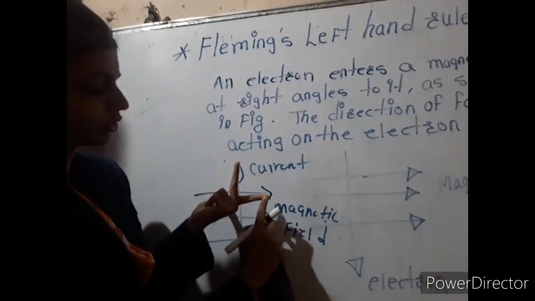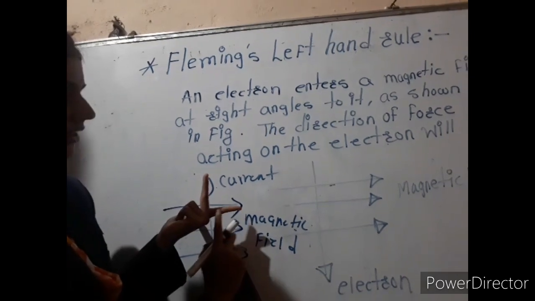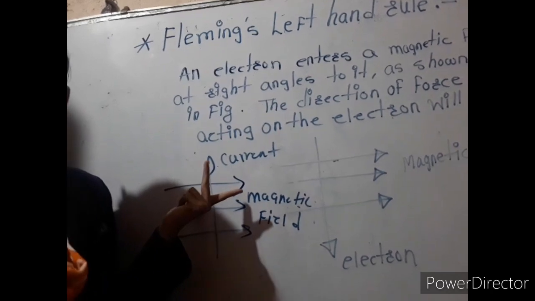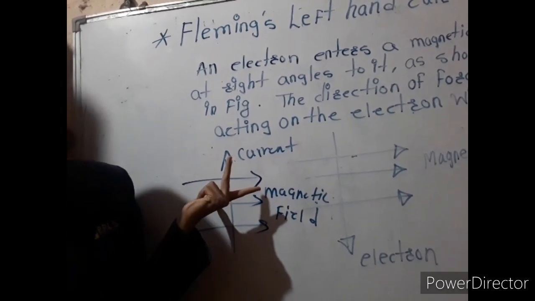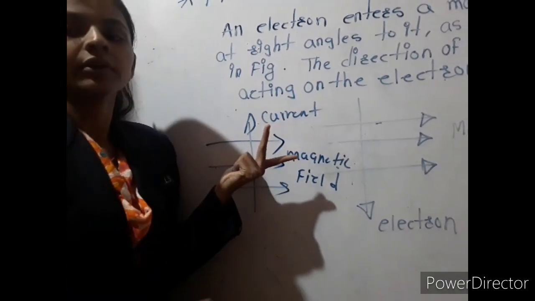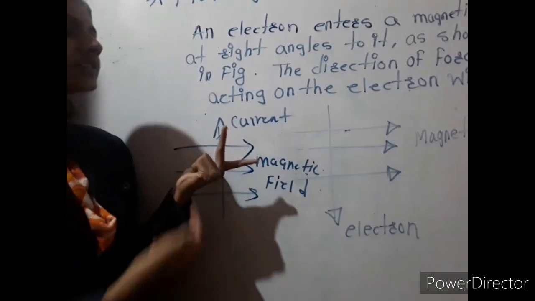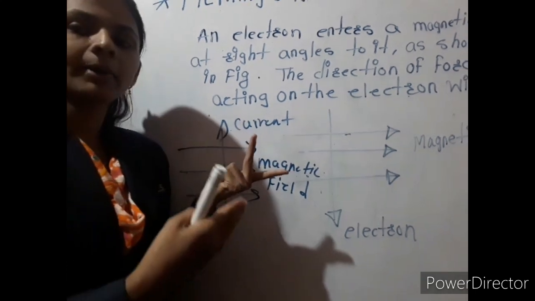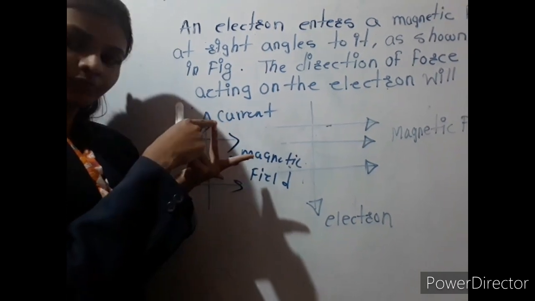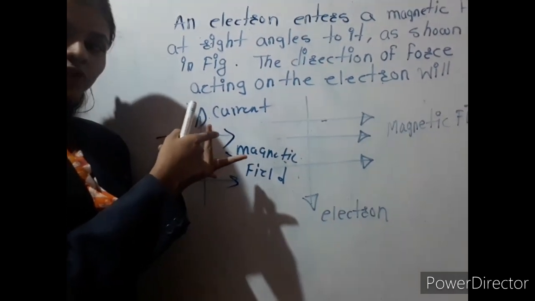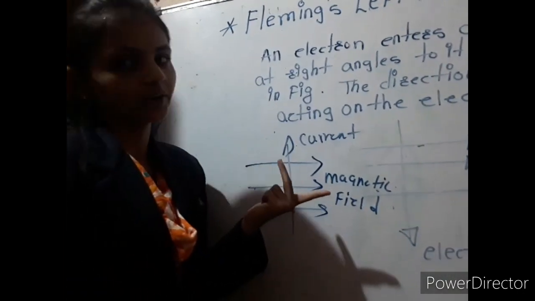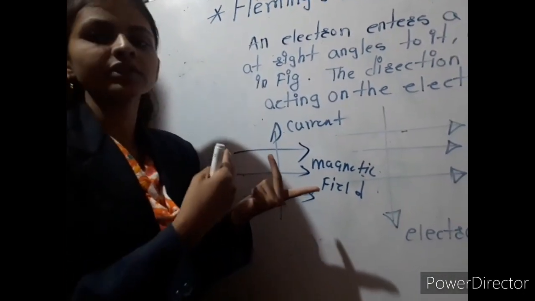The first finger shows the direction of the magnetic field, the middle finger shows the direction of the electric current, and the thumb indicates the direction of motion. Clearly you can see all the fingers are stretched and perpendicular to each other. So here the direction of the force is downward.